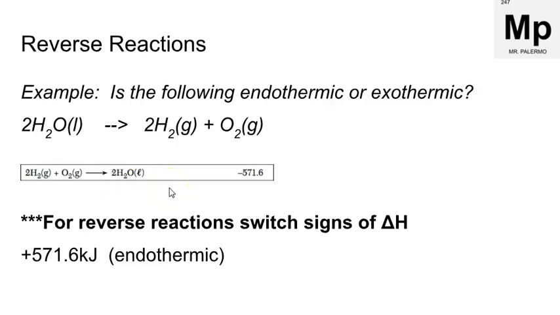Well, the delta H is still the same. The amount of energy changing from products to reactants is still the same in terms of magnitude, the amount, but the sign switches. So instead of being negative exothermic, it would be positive endothermic. So it would be positive 571.6 kilojoules. And that energy would be placed up here, on the reactant side.